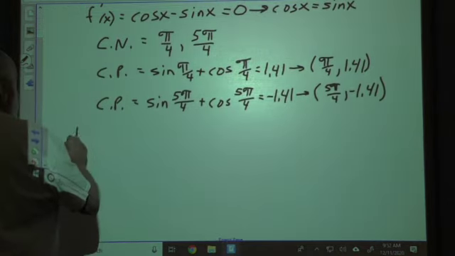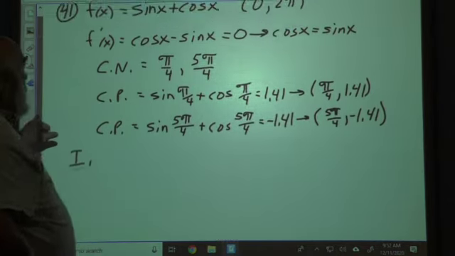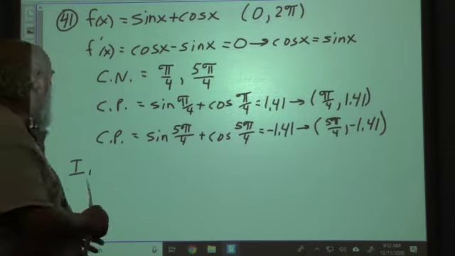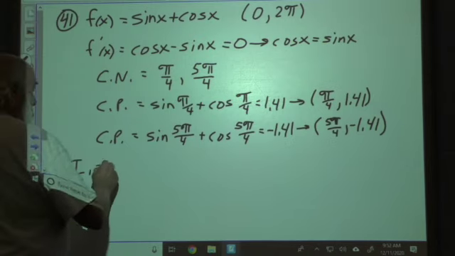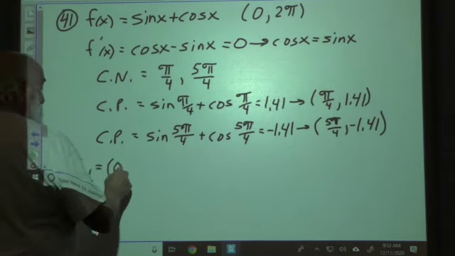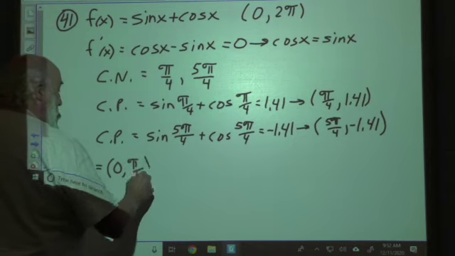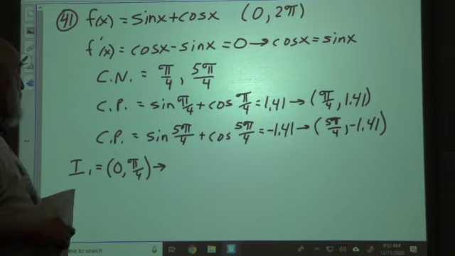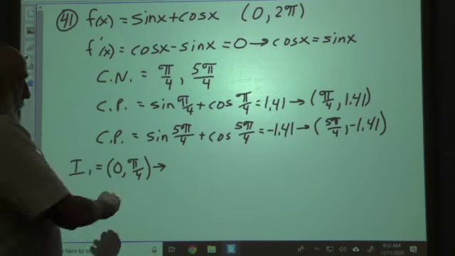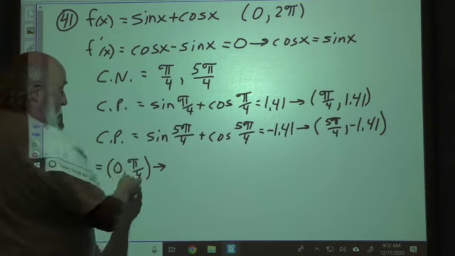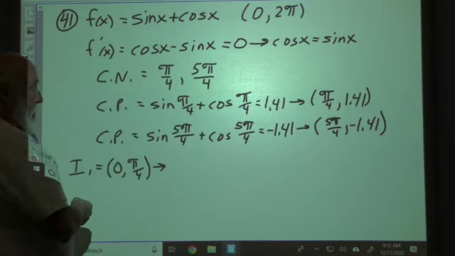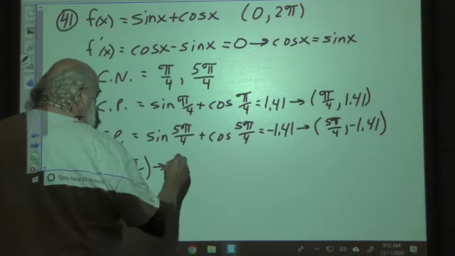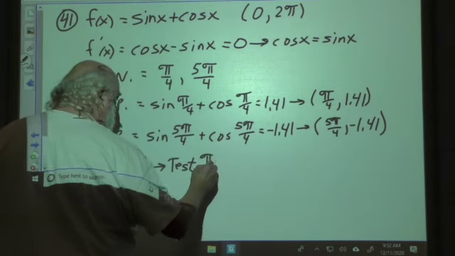So the first interval is going to go from 0, the lowest point of the overall interval, to the lower of the two numbers here, which is pi over 4. So 0 to pi over 4. Now I want to find out my slope somewhere in between. There's no known quantity that I'm aware of. I guess I could have picked pi over 6, but I picked pi over 8, so I'm going to test pi over 8.